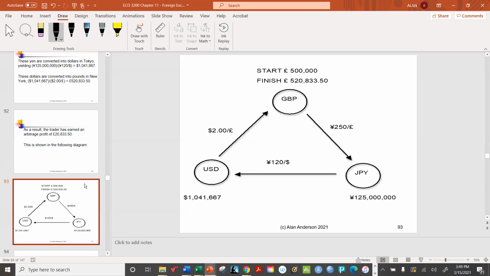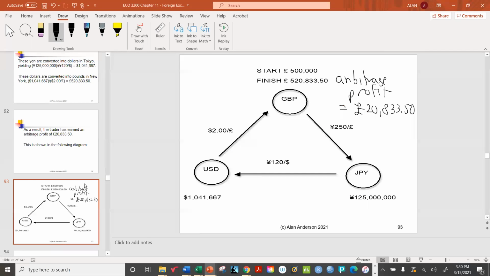Let me show you this case. What if I started with pounds? I'm going in the same direction. And when I'm done, you can clearly see that I made a nice tidy little profit of 20,833 pounds and 50 pence.